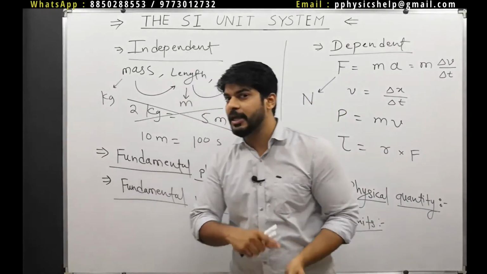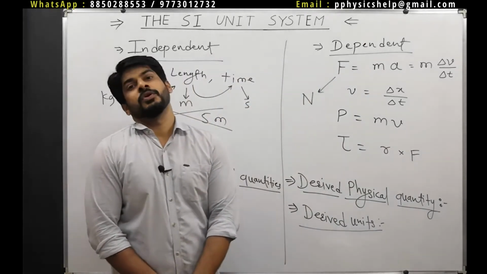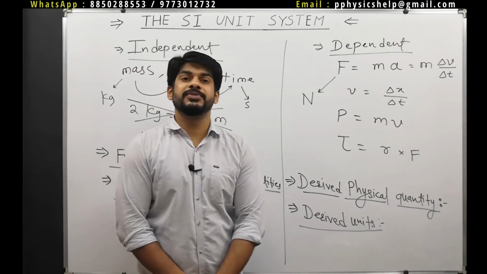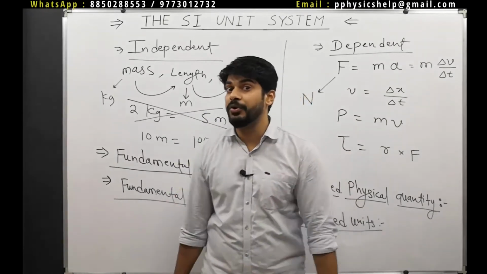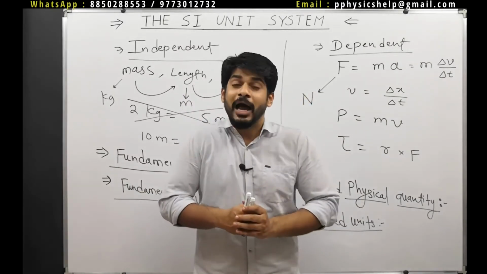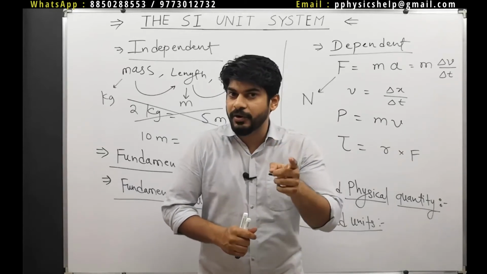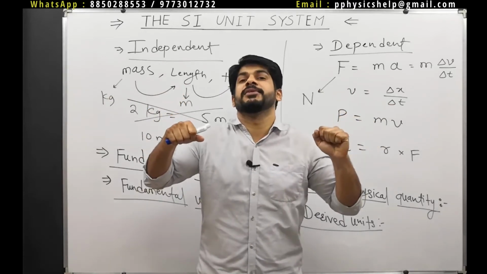So if I have to express other quantities in terms of these fundamental quantities, then first of all I have to decide which are the fundamental physical quantities of nature.